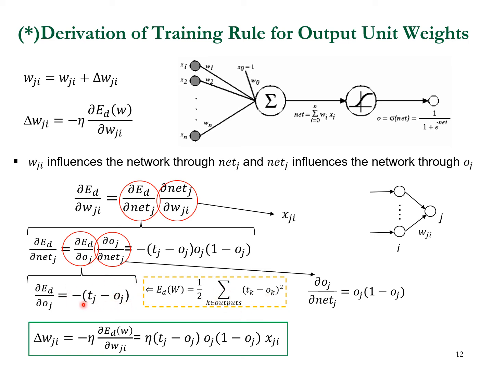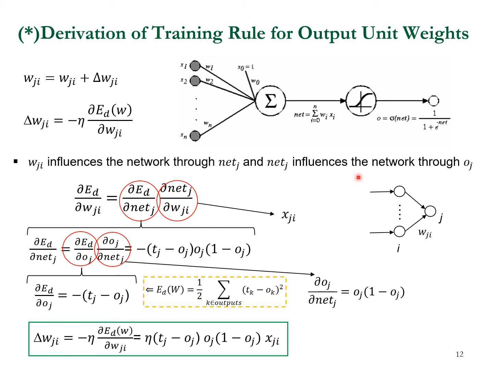Then we are done. This one is this, and this one is this, and this one is this. By the way, t is the target value, O is the output, and x is the input.